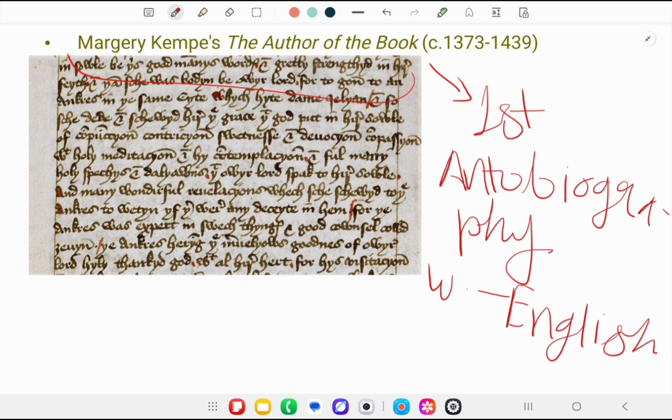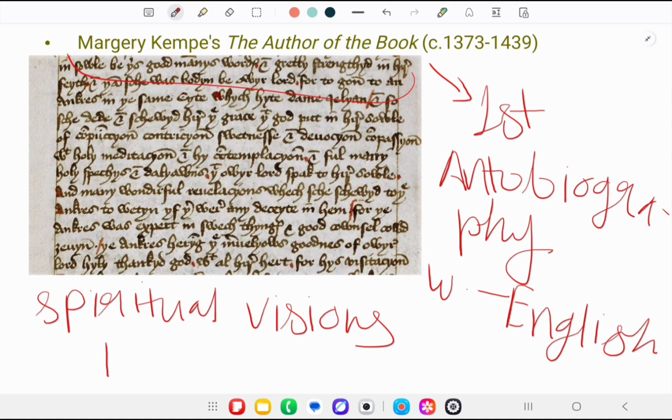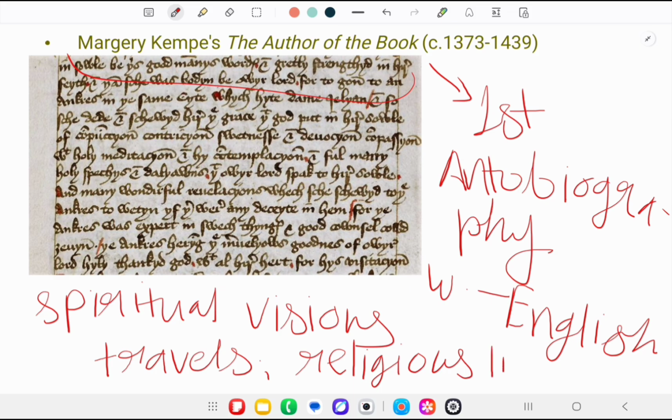It details her spiritual visions, travels, and religious life.